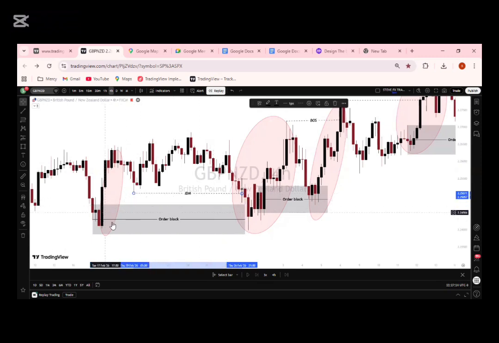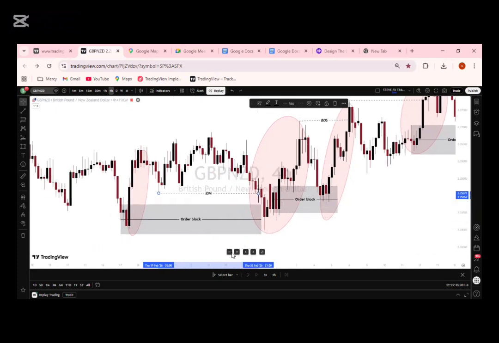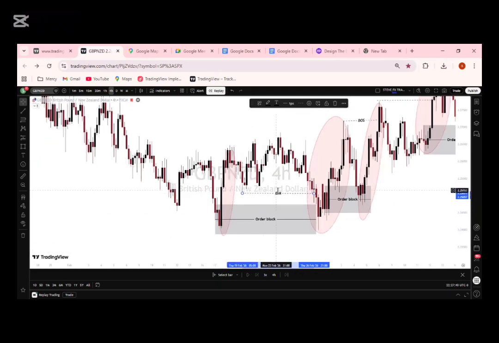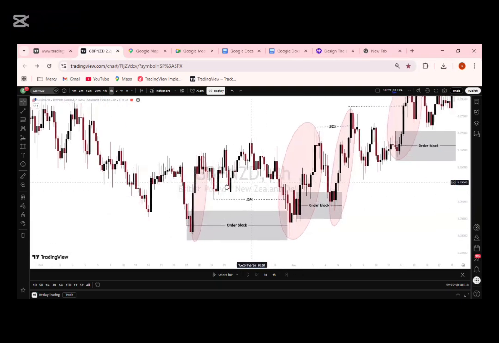So if we have any order block and any market move around it did not really trigger or mitigate the zone, that particular zone becomes a liquidity, or an inducement in the market.